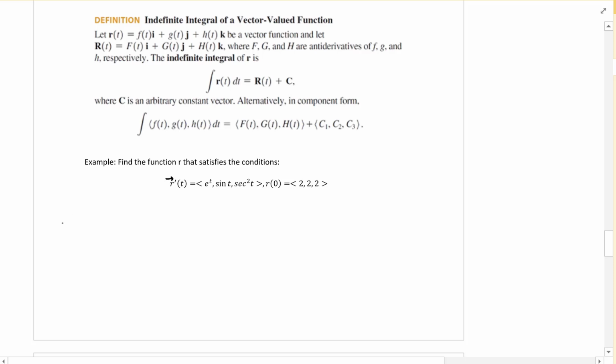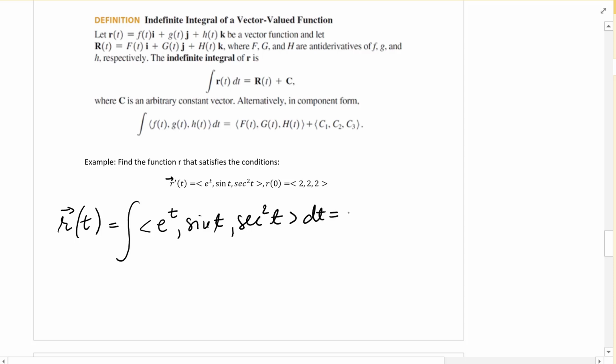So r of t is equal to the integral of e to t, sine of t, secant squared t dt, which means it is equal to e to t plus c1, negative cosine t plus c2, and tangent of t plus c3.